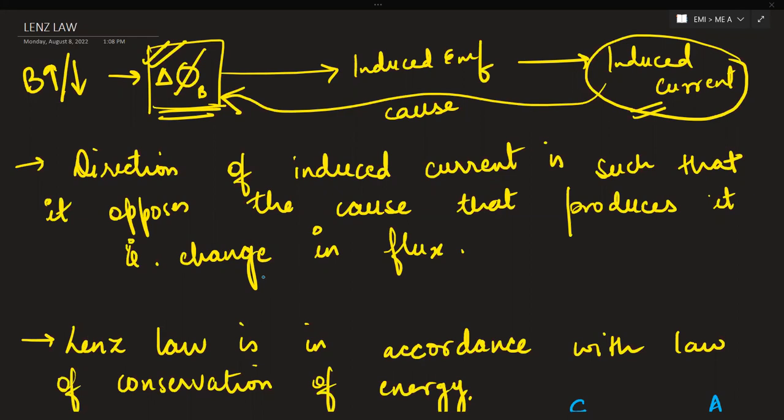A similar question is there in your NCERT as well. A random shaped coil is moving away or into the page, and you have to write all these things that we have discussed. Since it is going inward, field lines will increase, flux will increase, induced EMF will try to decrease it, and all these points, you have to write in your words. That will be a complete 2-marker or 3-marker answer.